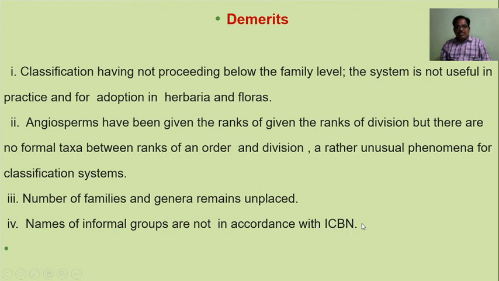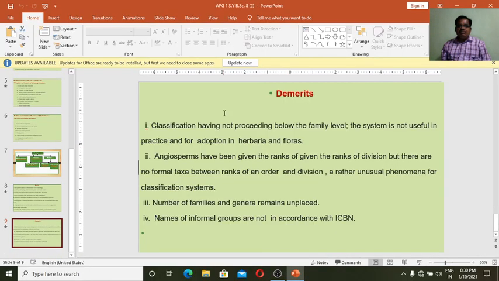That is, the ICBN, International Code of Botanical Nomenclature, says that certain ranks and taxa are essential. But according to this, such ranks and taxa are not considered, and hence this system is not properly discussed in this one.